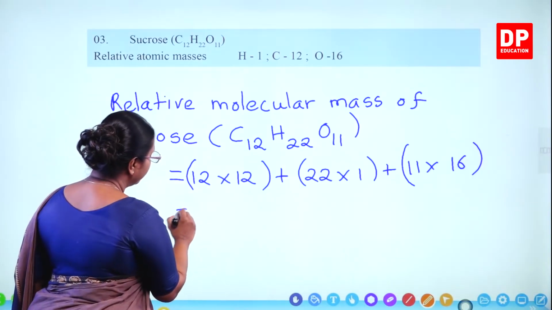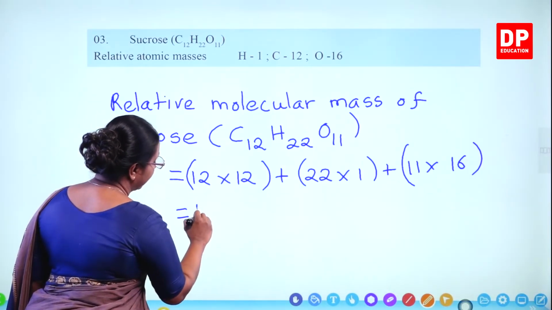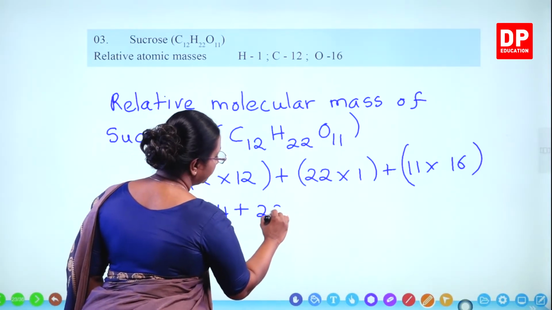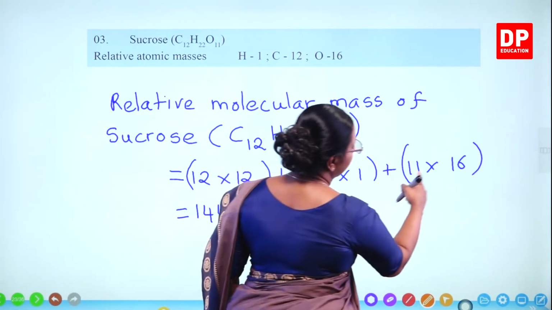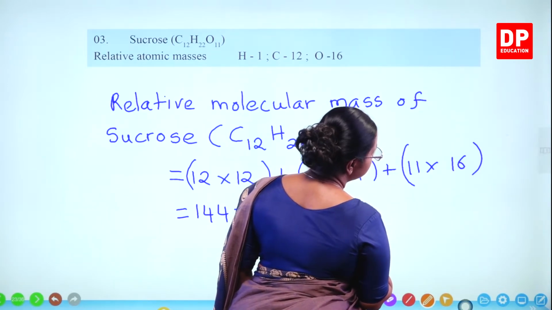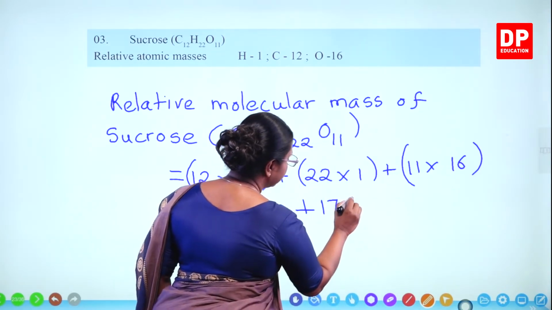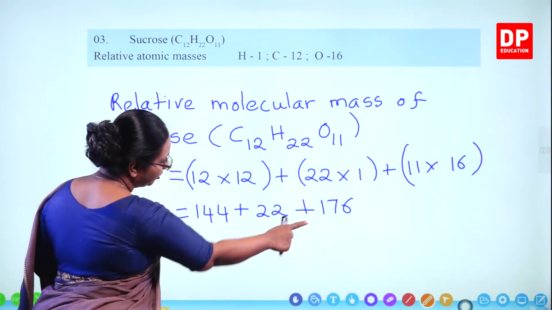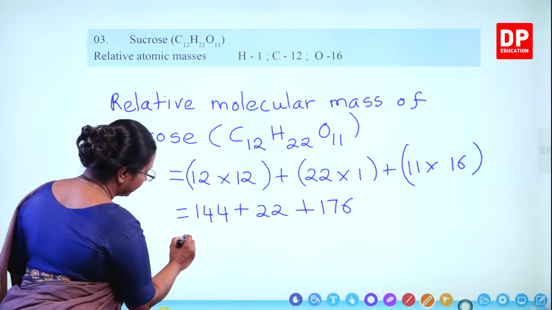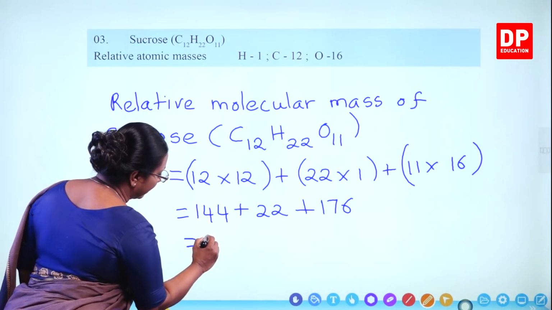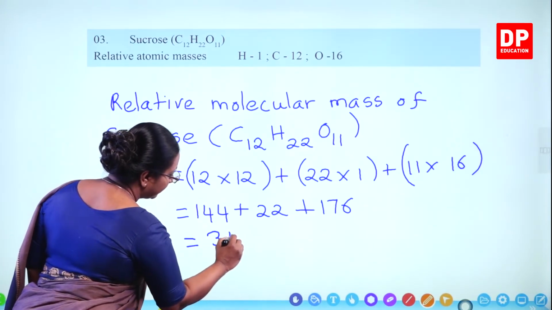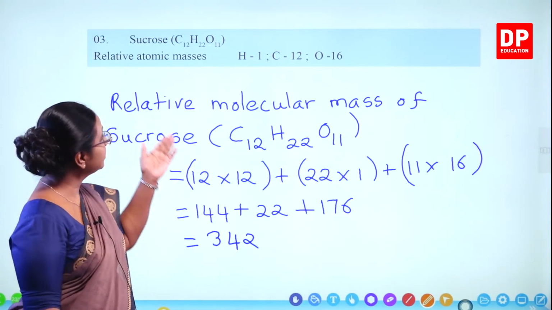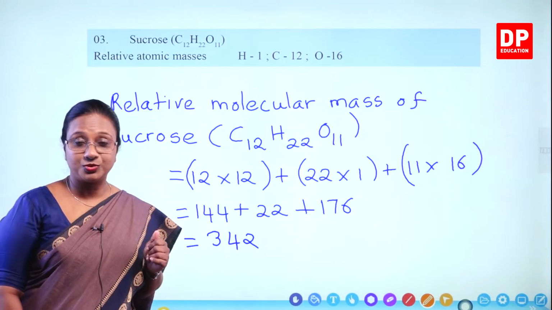So when you do the calculation, 12 into 12, 144 plus 22 plus you have 11 into 16, 176. So when you add 144, 22 and 176, you will get the value as 342. So that is the relative molecular mass of sucrose.